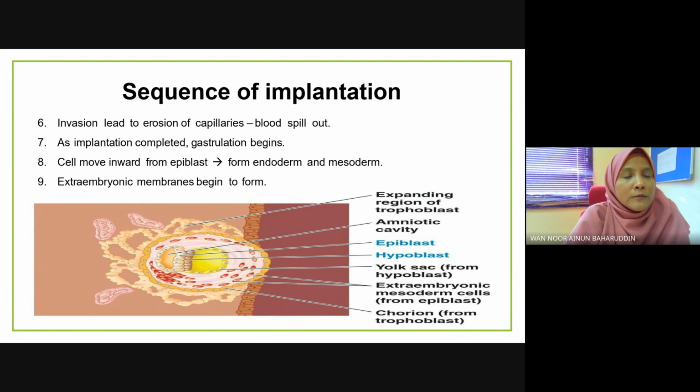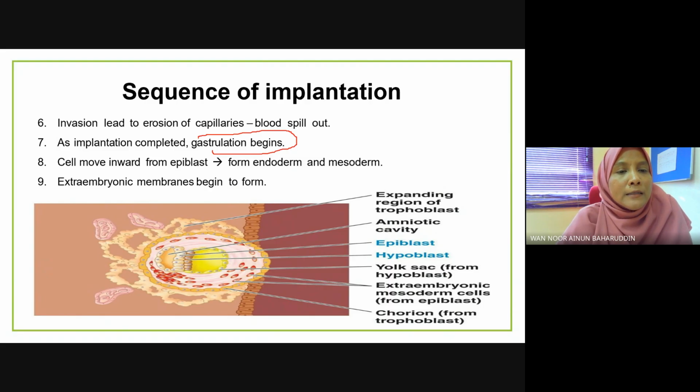Then the invasion can lead to erosion of capillaries, meaning the blood will be spilling out. As implantation completes, gastrulation begins. What is gastrulation? We'll see after this what the meaning of gastrulation is.